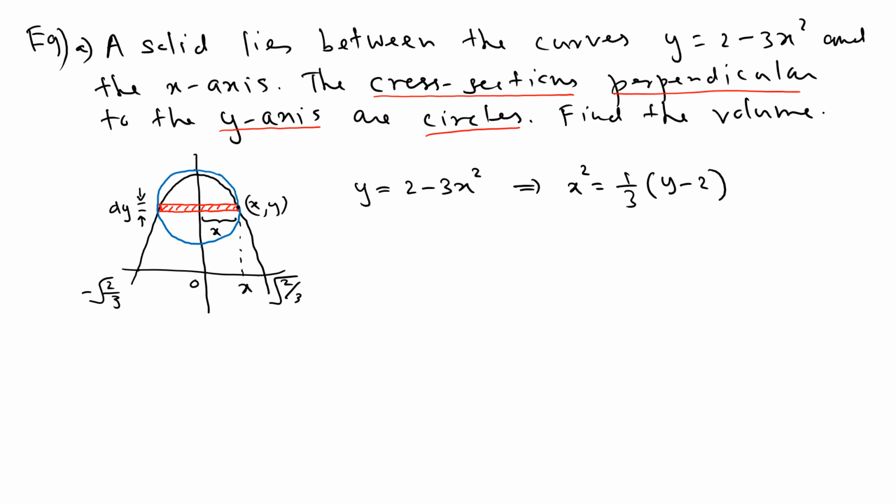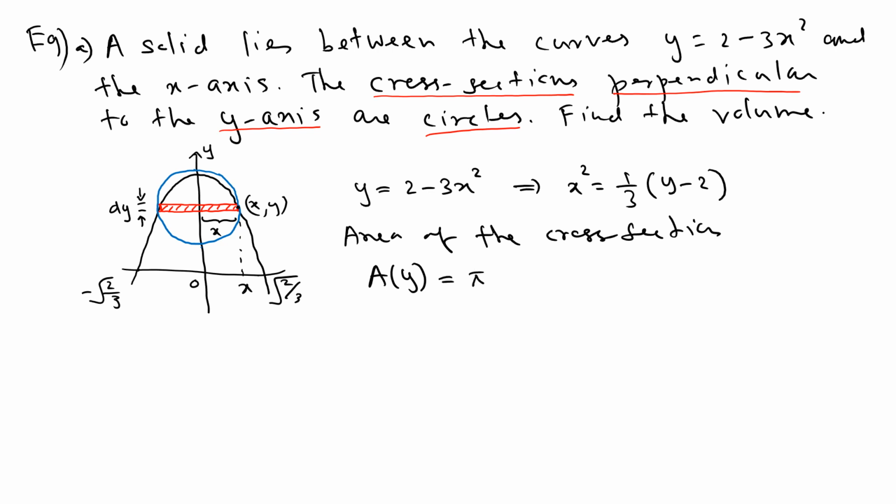Now we can write the formula for the area of the cross section. Remember, when you cut it perpendicular to the y-axis, they are circles. We write the area as a function of y because we can integrate with respect to y.